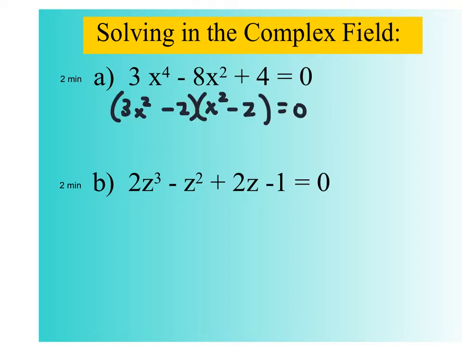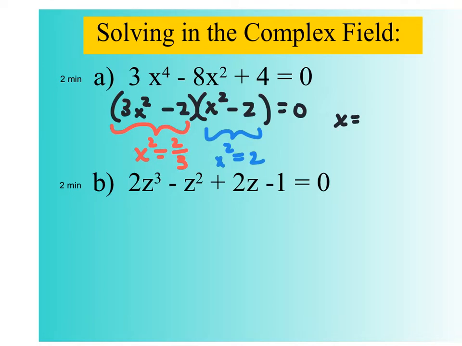Okay, so in this case that would be factored. And now from here, what I would probably do is set each of these equal to 0. This would yield that x squared equals 2/3. This would yield that x squared equals 2. Therefore, it looks like I'm going to get 4 real solutions.